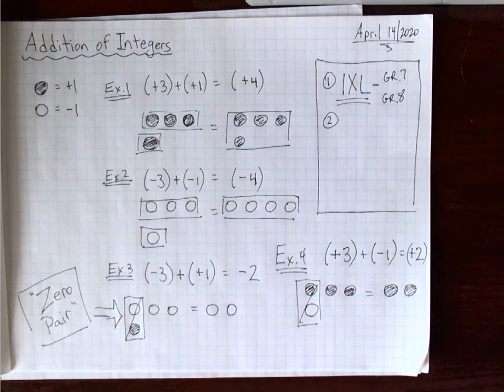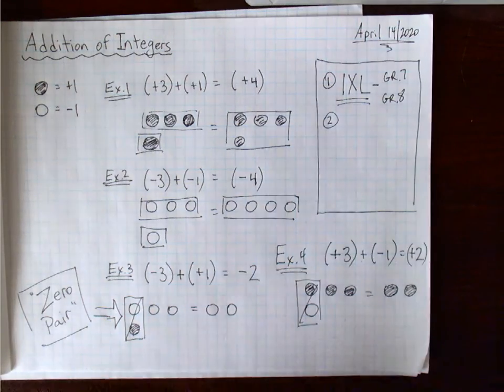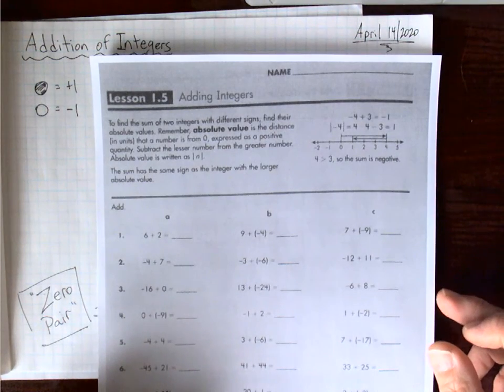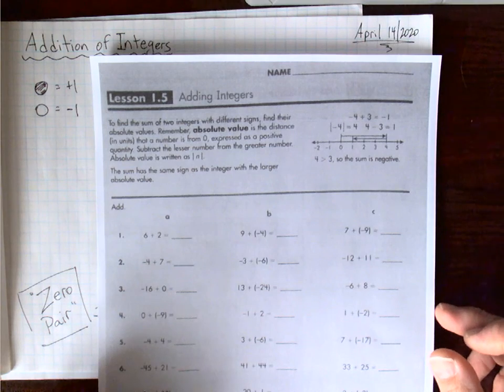And the second thing I want you to do is hit up the assignment. The assignment for today looks a little bit like this, adding integers. You're going to find it on Google Classroom. Keep the pace.